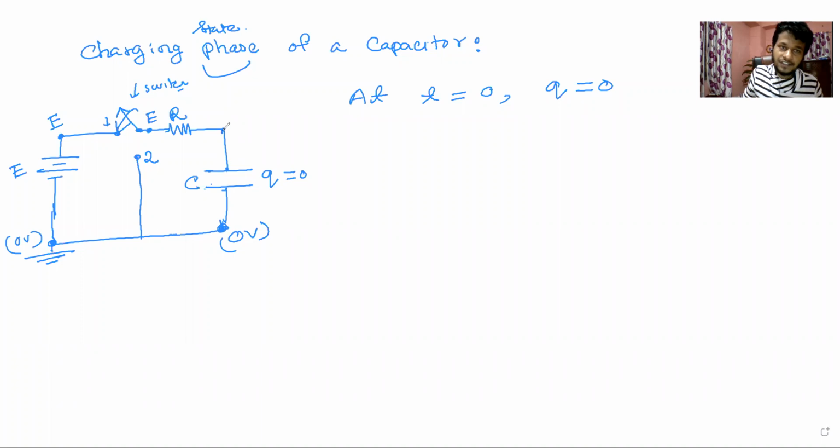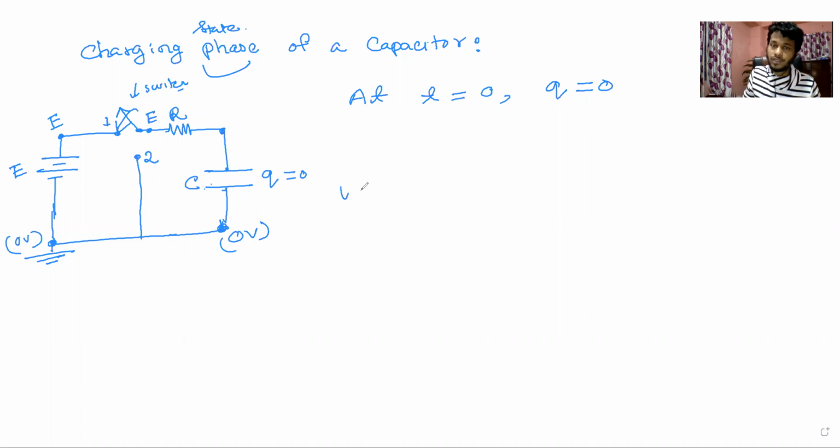What is the potential at this point? Can you tell me? Look, because the capacitor has 0 charge, because the capacitor has no charge, what would be the potential difference across this capacitor? 0 volts.